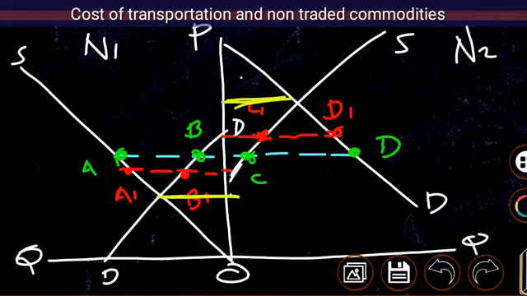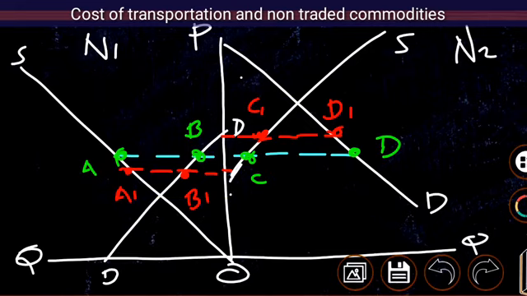The price of the exporting country increases, and that of the importing country decreases. Here the price of the exporting country plus transportation cost lies below the importing country's internal price. That is the reason for having trade between these two nations.